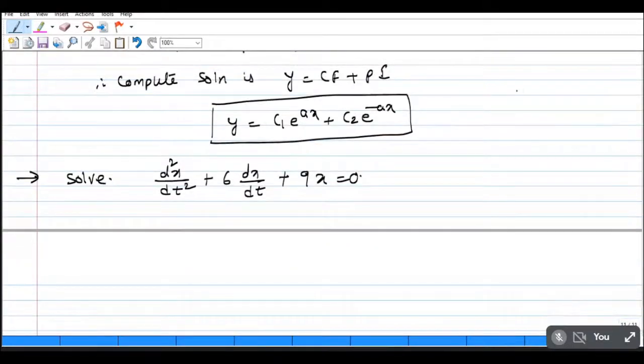If dy by dx is given, what is the complete solution? y equal to CF plus PI. There we write in terms of x, okay? Here dx by dt is given, okay?